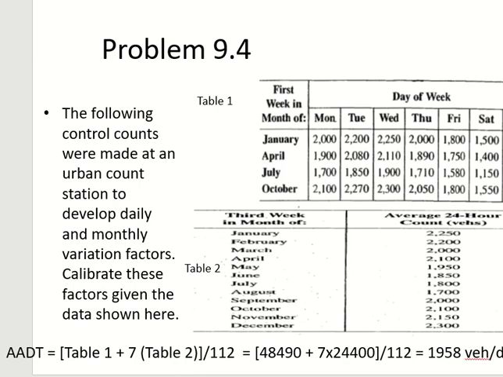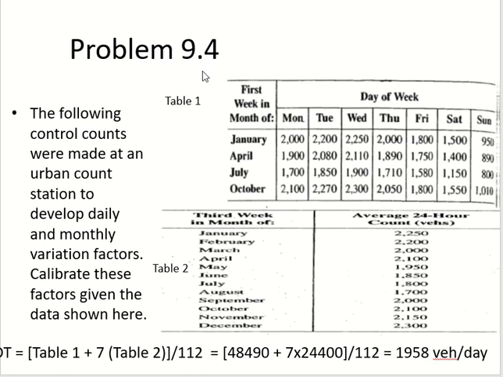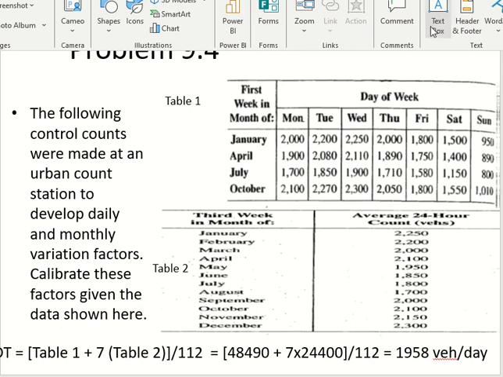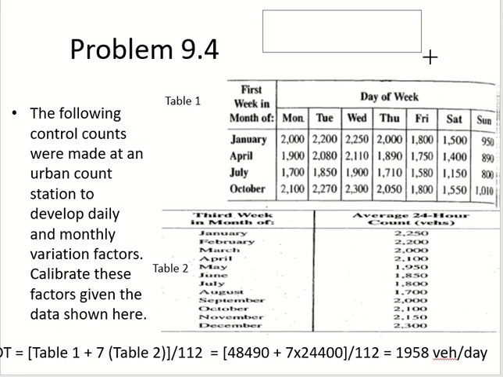so then I have to calculate the total for each month, right? If I want to calculate the adjustment factor for each month, I need the total of each month, right? So if you are looking at January, for example, how will I calculate the total traffic of January?